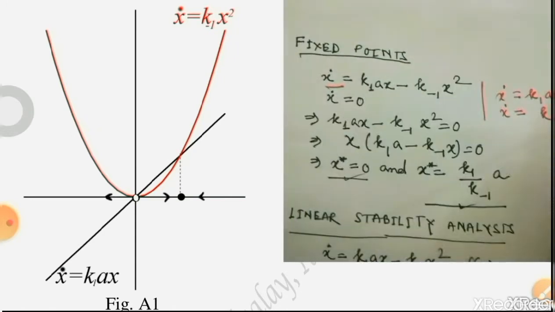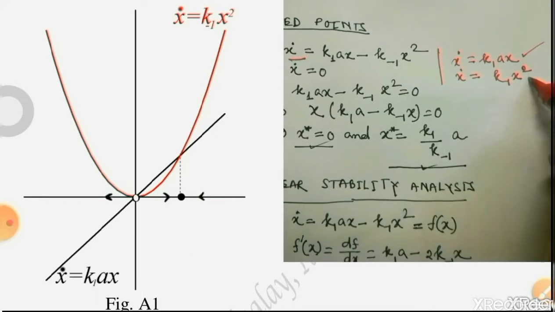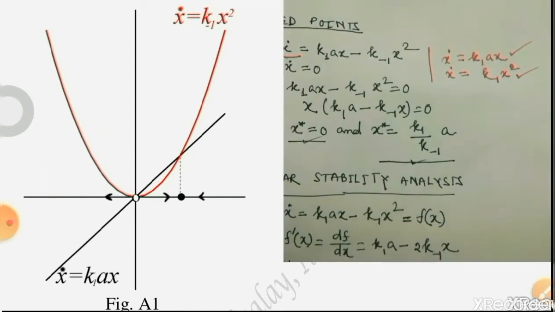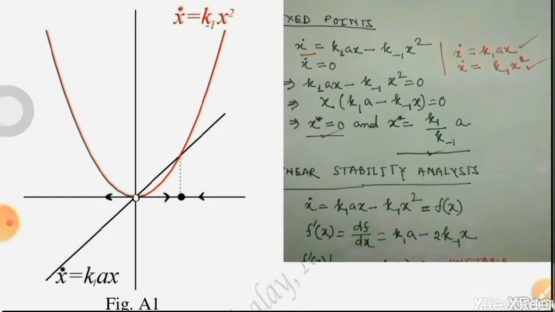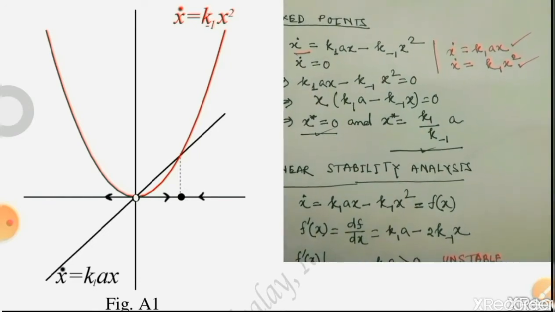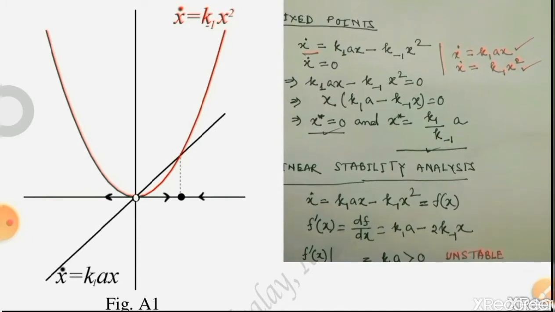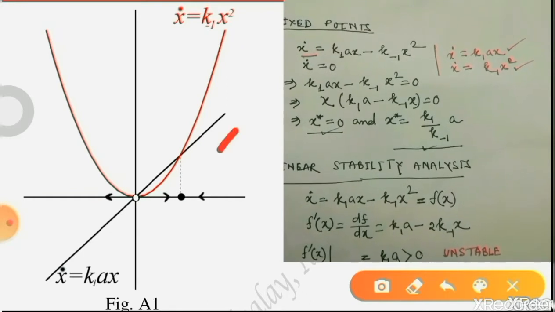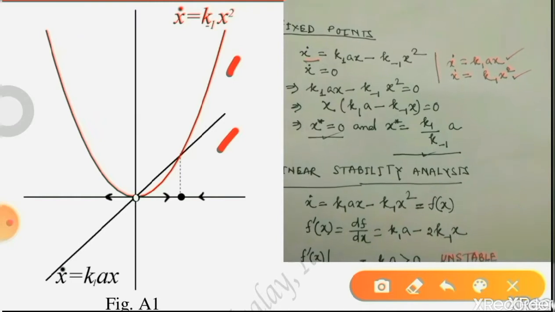Simply, this is the equation of a straight line, and x dot equals k minus 1 x square is the equation of a parabola, and x dot is the subtraction of this parabola from the straight line. So, here I have shown the plot of the straight line and the plot of the parabola.